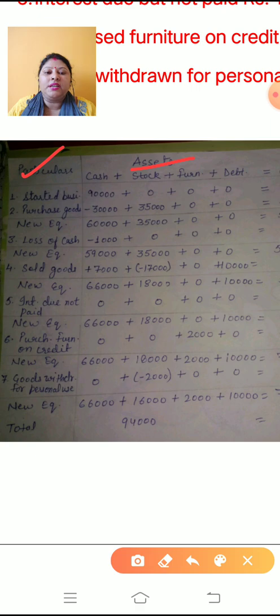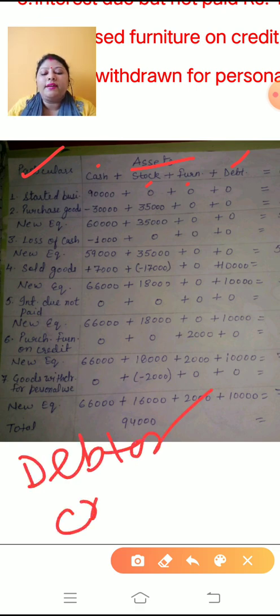In the transaction, commenced business with cash means cash is given. Purchase goods means stock is given. Purchase furniture means furniture is given. And sold goods on credit means we have to make debtor. One more thing, children, there are two terms, debtor and creditor.